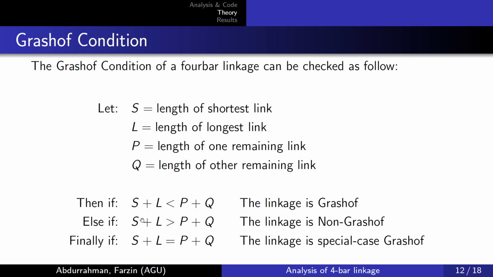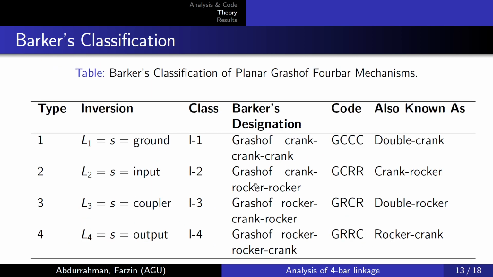If S plus L is greater than P plus Q, then it's non-Grashof, and thus no link could perform a full rotation, and it will give us a triple rocker four-bar linkage. And finally, if both of them are equal, this is a special case of the Grashof condition, which is at the limit of both of those. One link could rotate fully, but there will be inflection or changing points during the motion of the linkage.